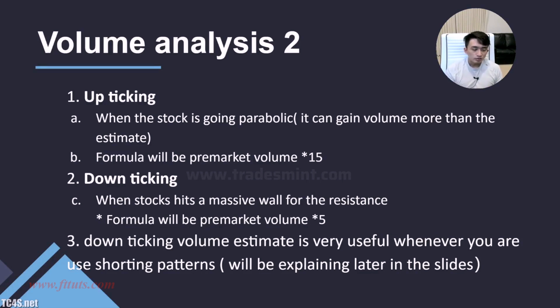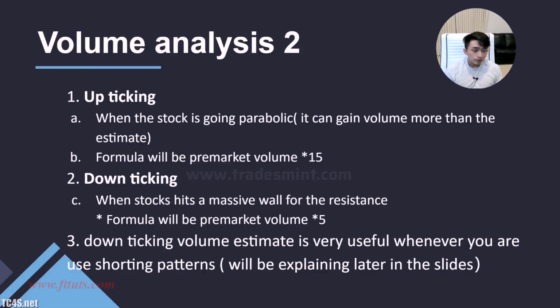When the stock is downticking and let's say you ran into a resistance, hit a massive wall of resistance consolidation, that means the stock is likely to lose its momentum and go down. Then when the traders are seeing, okay, the stock is going down and there's not going to be an opportunity to dip buy, in that case, the formula changes to pre-market volume times 5.